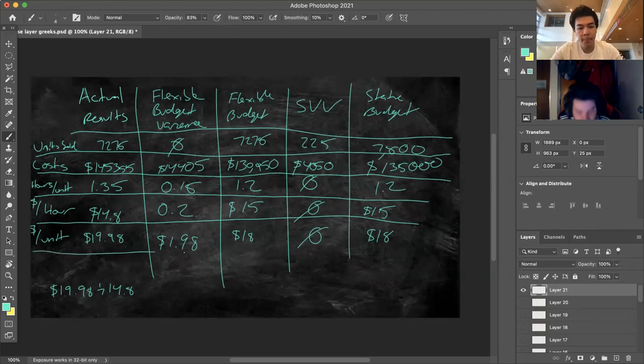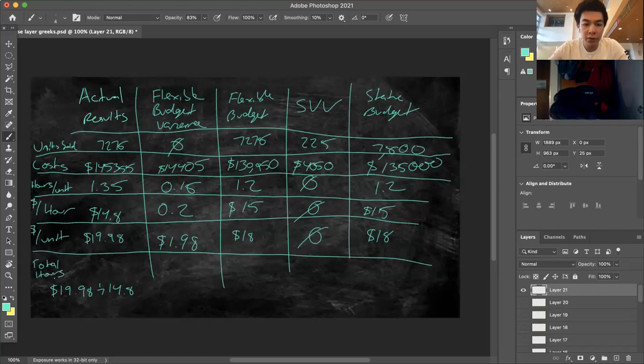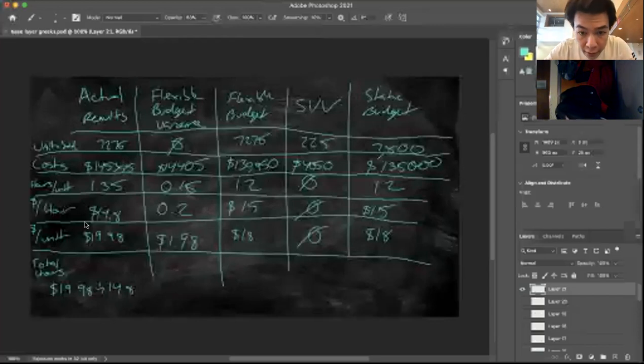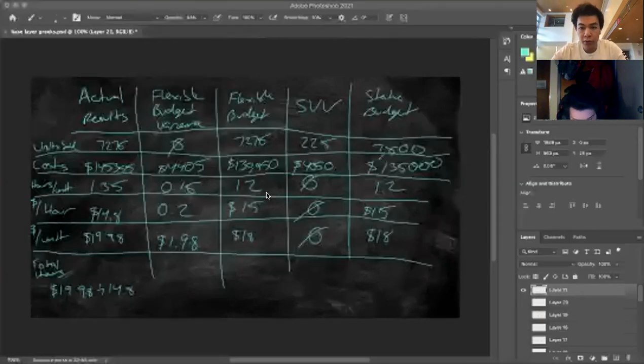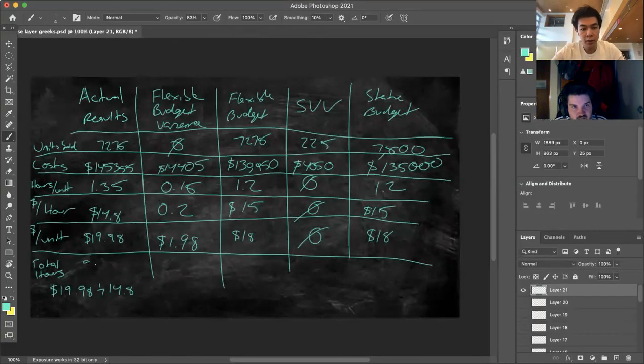So is that another row I should put in? Yeah, total hours. Okay, the total hours here is going to be 9821.2.